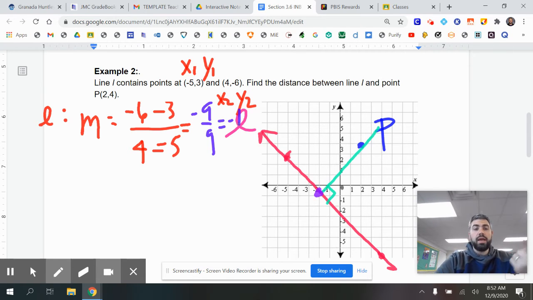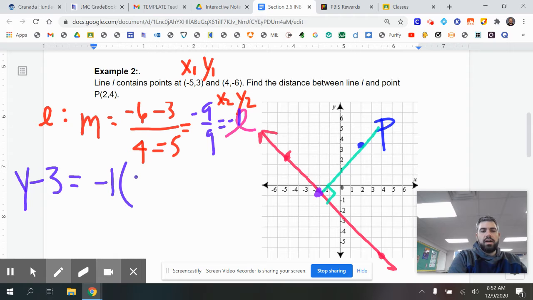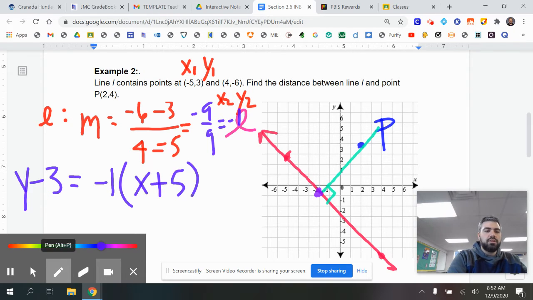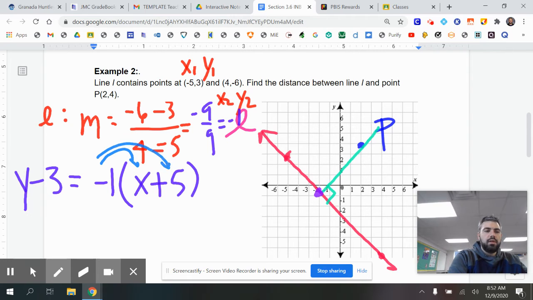Now that we know the slope, we can use our point (x1, y1) in point-slope form to figure out the equation of our line. So that's going to be y minus 3 equals -1 times the quantity x minus -5. Just like we did before in all of our examples, we distribute the -1. We get y minus 3 is equal to -x minus 5.